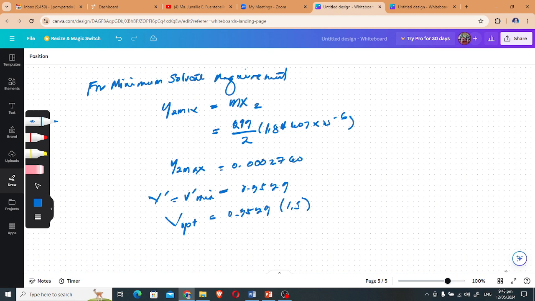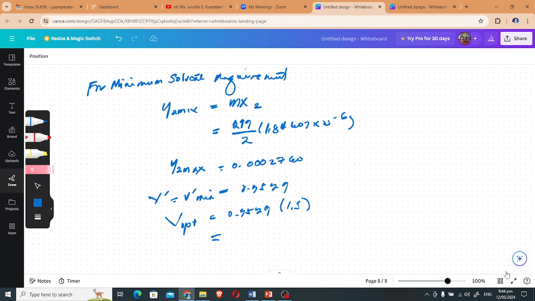So this is your minimum, the 0.3529, this one. So we just copied it and multiply it by 1.5. So this would be now your optimum solvent requirement for your system so that the desired recovery is achieved.